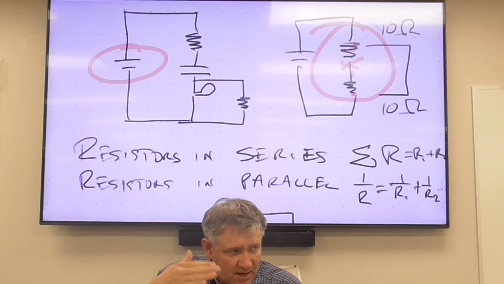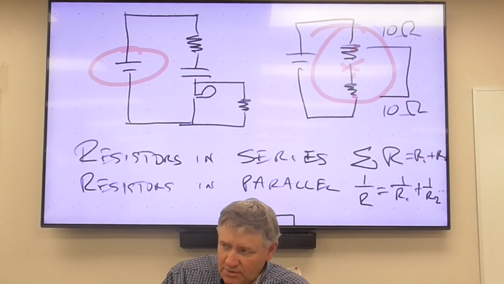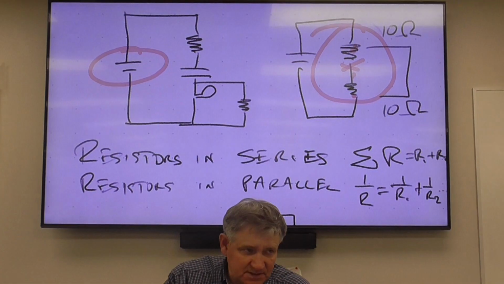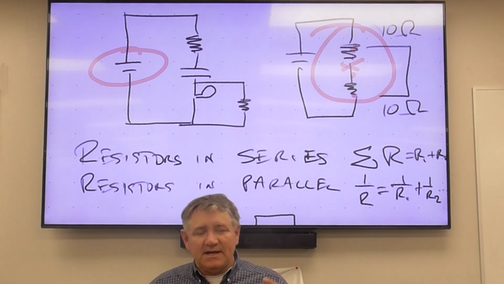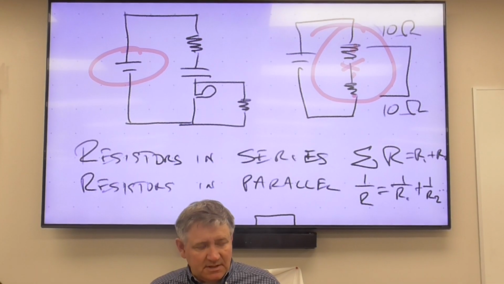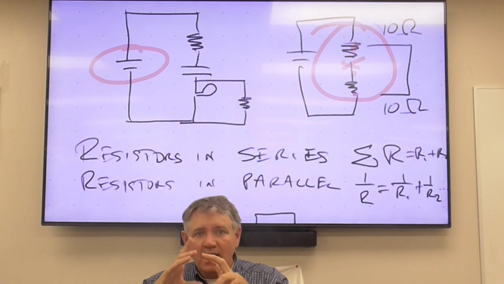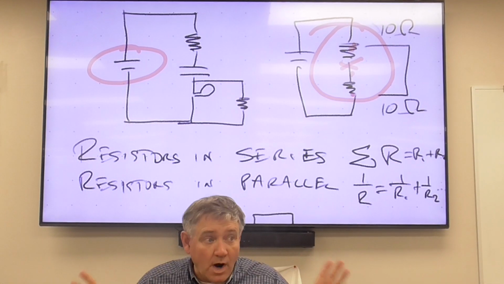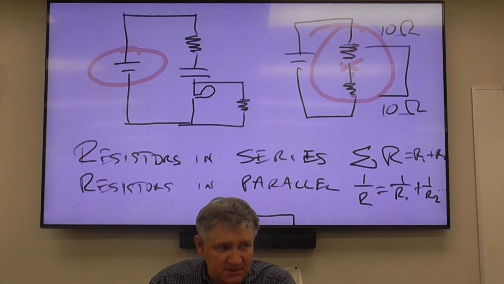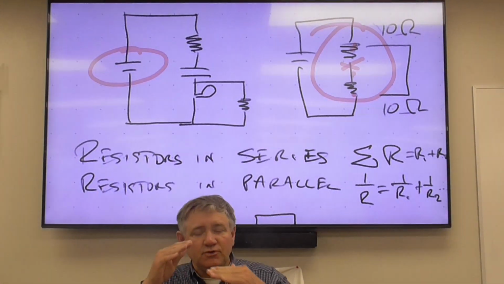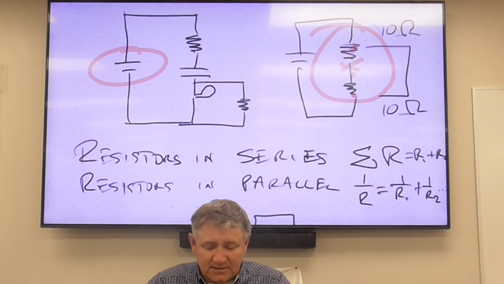If you have two 10-ohm resistors in series, what is the equivalent resistance? The idea of the equivalent resistance is that if you could take those two resistors and replace them with one, what would the value of that one resistor be? So it works mathematically.